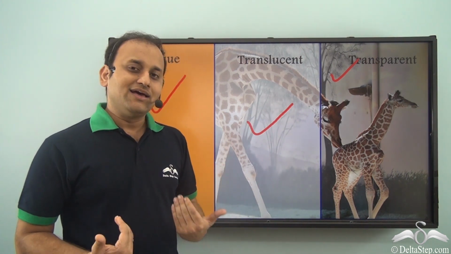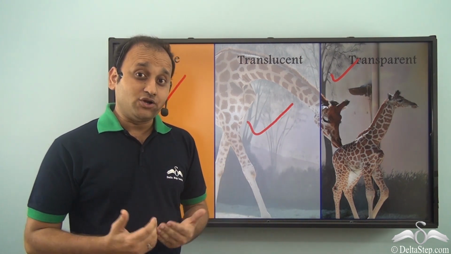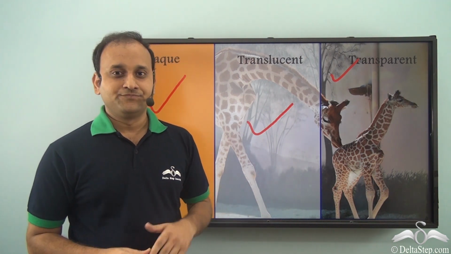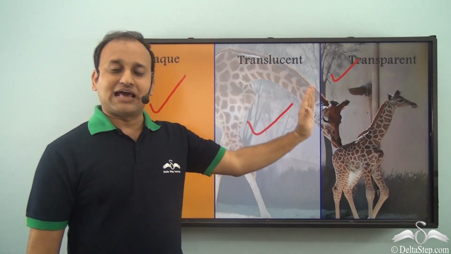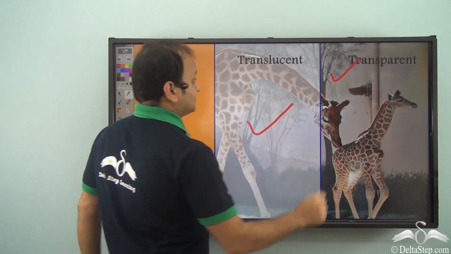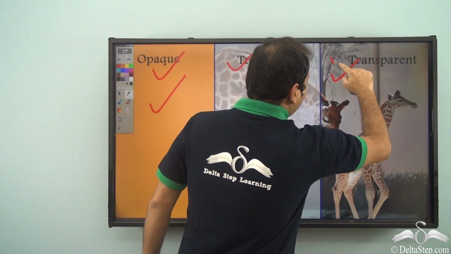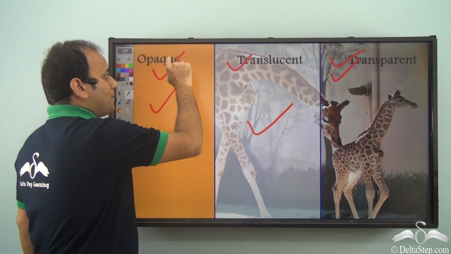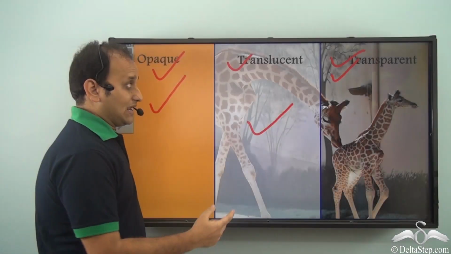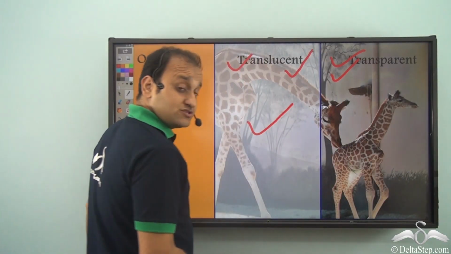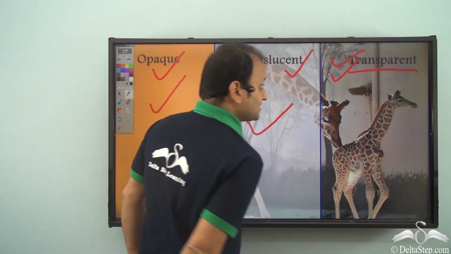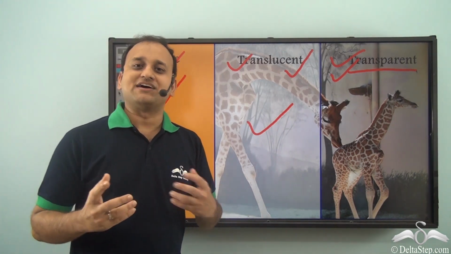And as a result, they are completely clear. So we have three different types of things: opaque, translucent, and transparent. While opaque does not allow light to pass through it at all, translucent allows partial passage of light, and in the case of transparent, light easily passes through it.